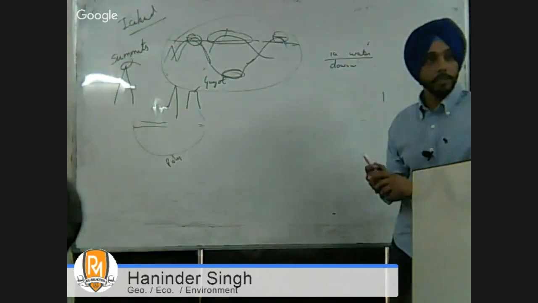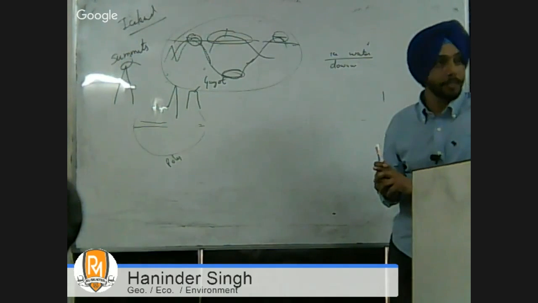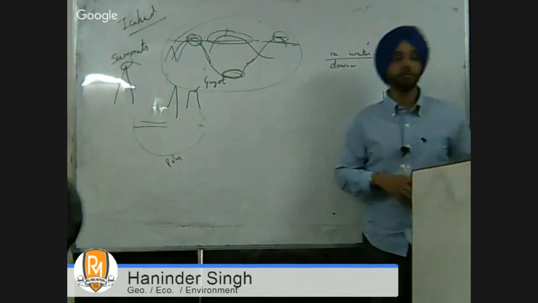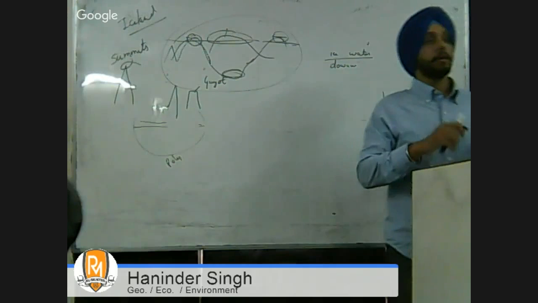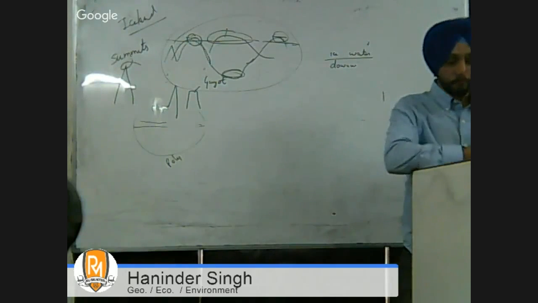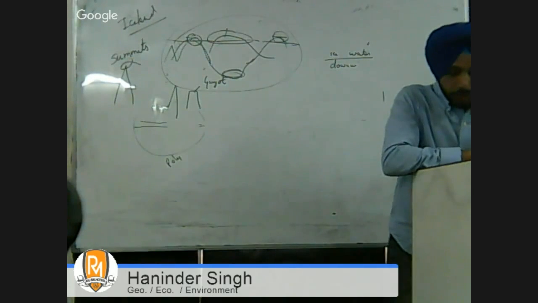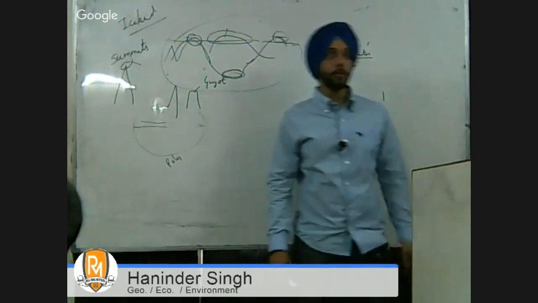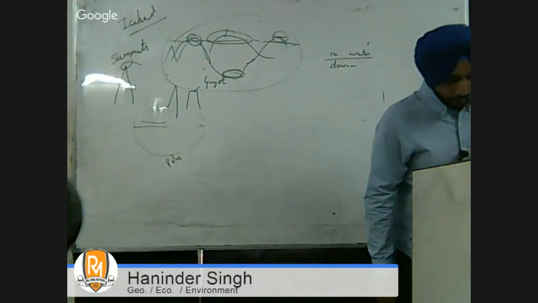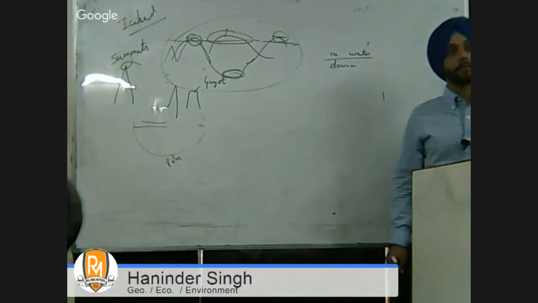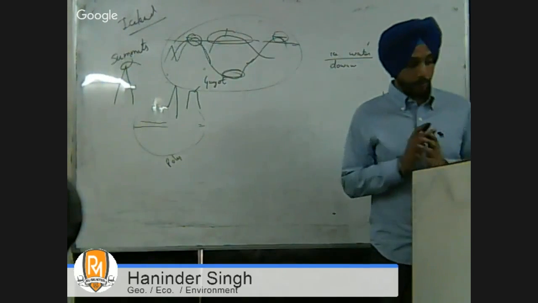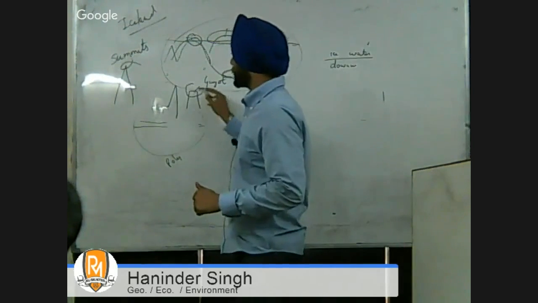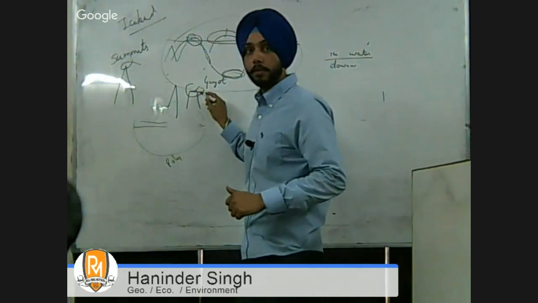Look, seamounts close to the surface of the ocean suffer erosion due to waves, and then seamounts become guyots.